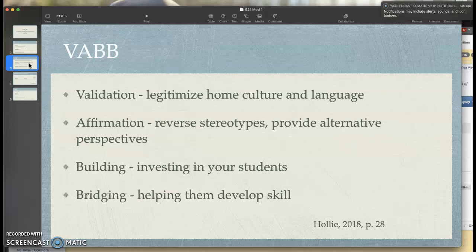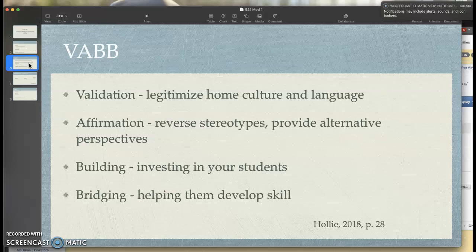So vapping is validation. How do we validate or legitimize the home culture and language of our students? The A, affirmation. How do we affirm? How do we reverse the stereotypes that pop culture, the media, and some of our commonly held beliefs create about different groups? How do we reverse those stereotypes so instead we can build up our students and provide alternative perspectives for our students to look at and examine?